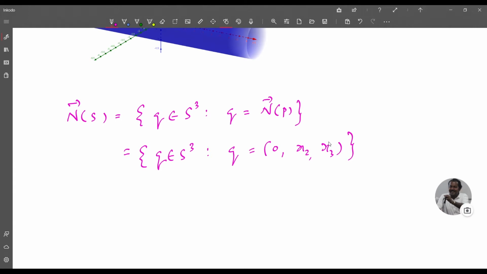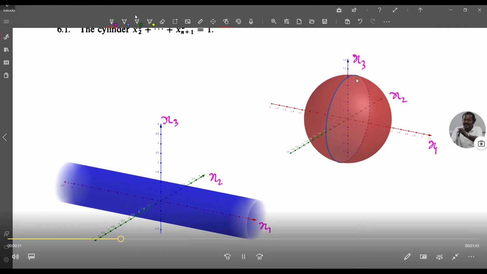Or you can see that this is equal to the set of all q in S3 such that x1 equals 0 and x2 square plus x3 square equals 1. So this circle is the spherical image of points on the cylinder.